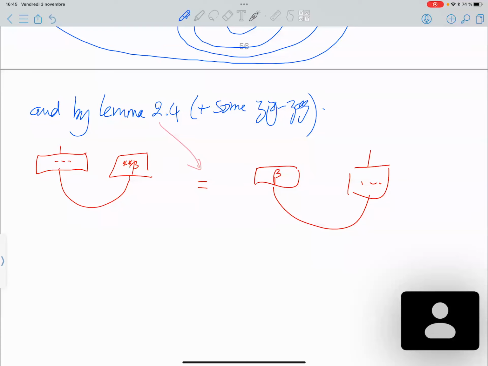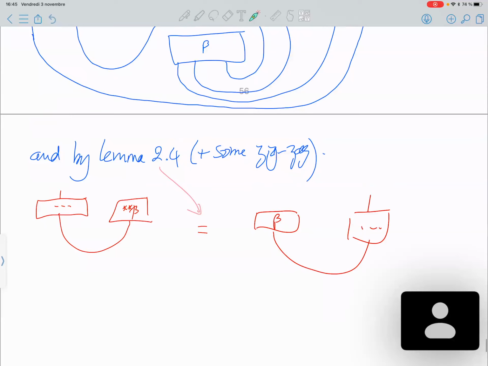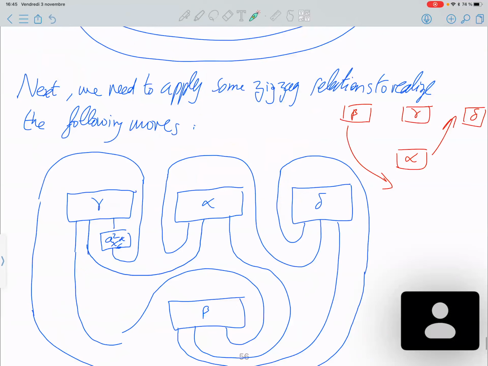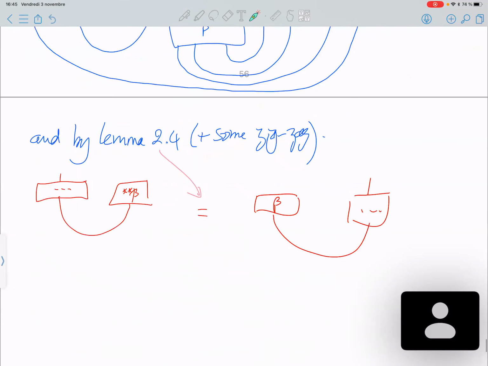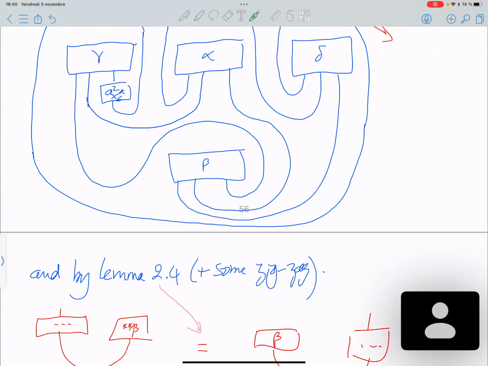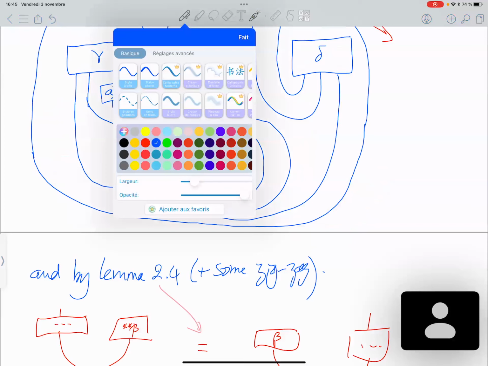Okay, so we apply this lemma 2.4 like that. So what are the blocks here we need to consider?